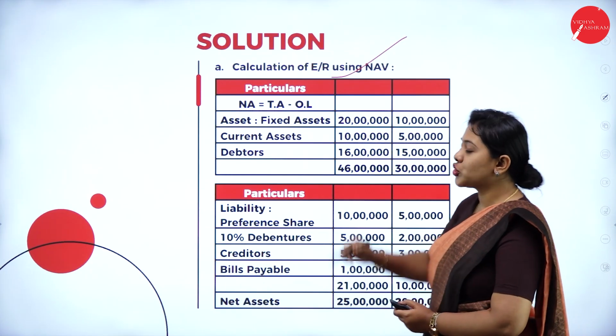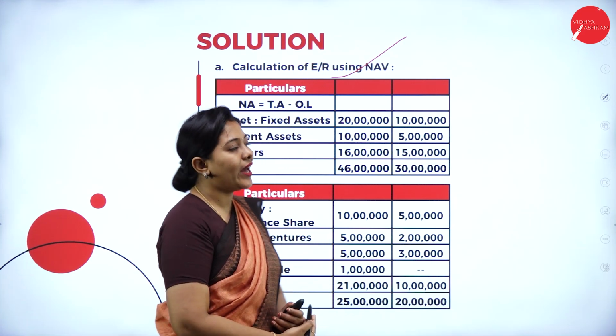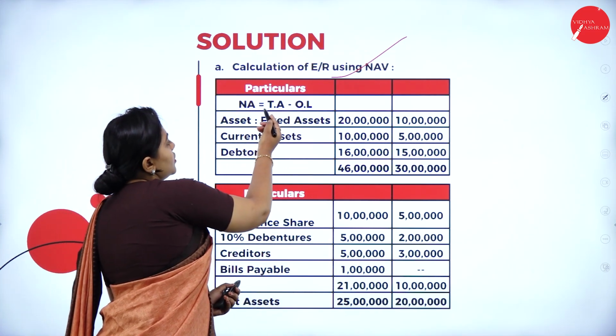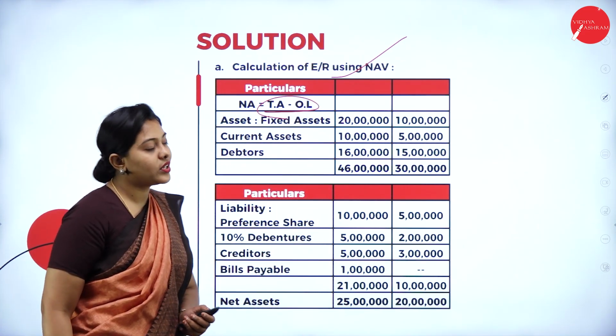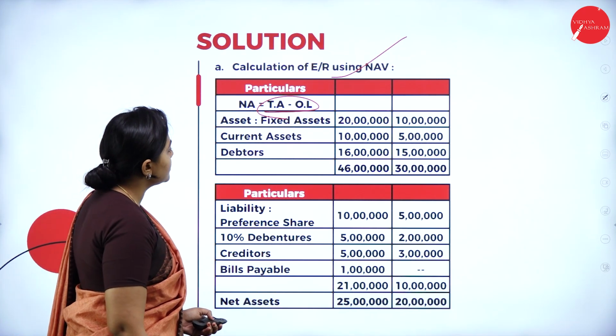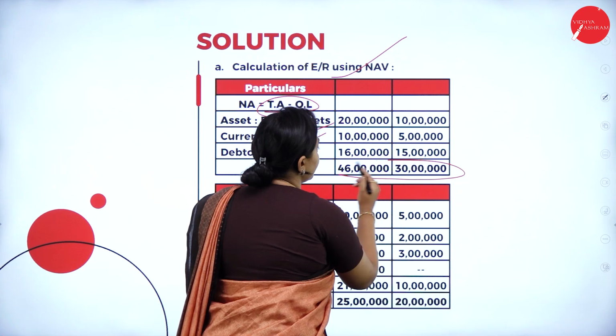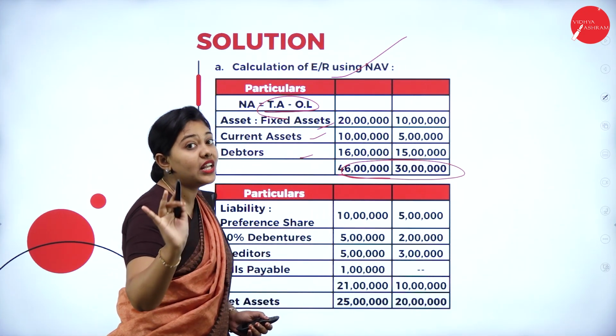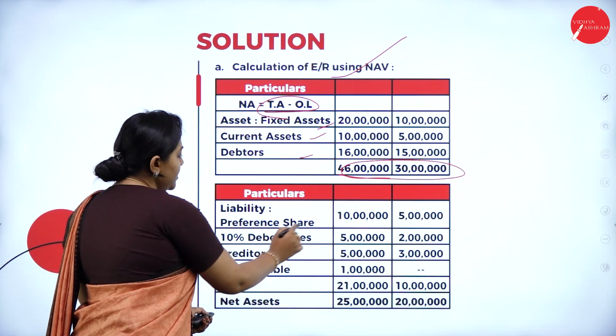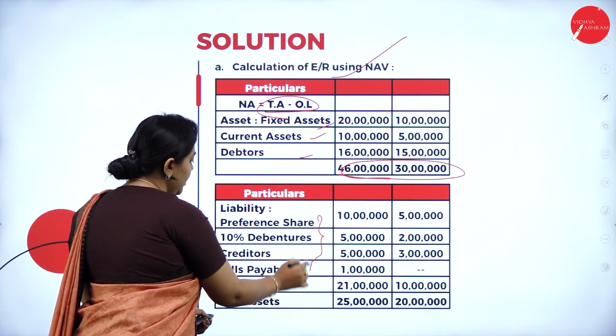Calculation of exchange ratio using net assets valuation method. Net assets is equal to total assets minus total liabilities. What are assets? As I have told you, fixed assets, current assets and debtor. Totally we have taken, this is total assets. Liabilities are preference share, debenture, creditors and bills payable.